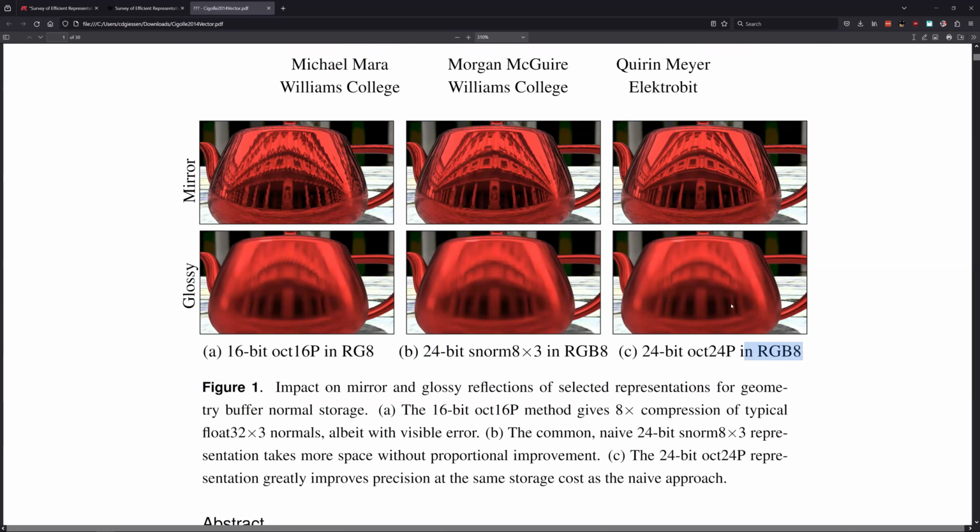It's progressively more detailed, and you can see the pixelation in the mirror finish and glossy here too, whereas over here it looks reasonably smooth on the right. So octahedron is better than SNORM, and more bits is better. Yeah.